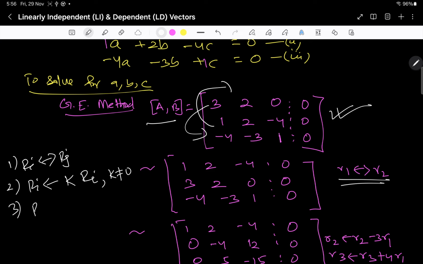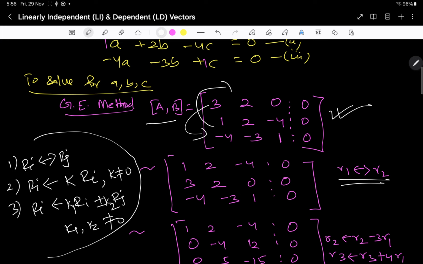And third, you can add to a row a constant multiple of another row, right? And at the same time constants k1, k2 not equal to 0 can be multiplied here. So you should refer to my earlier lecture on Gauss elimination and how you reduce the matrix.